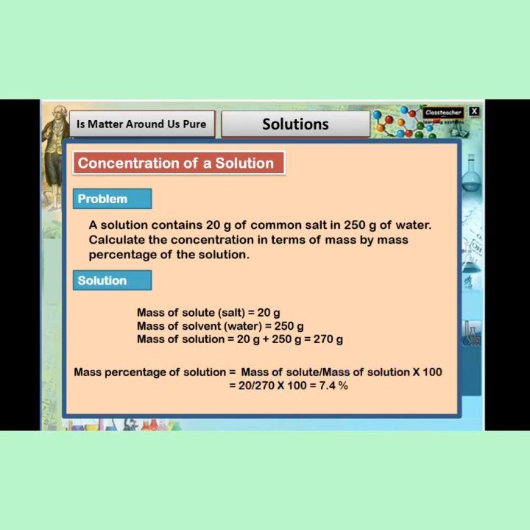So mass percentage of the solution will be mass of solute divided by mass of solutions into 100. That will be 20 divided by 270 into 100, and we get 7.4%. So the concentration of the solution is 7.4%, and that will be your answer. If you write it down in this way properly, you will get 3 marks.